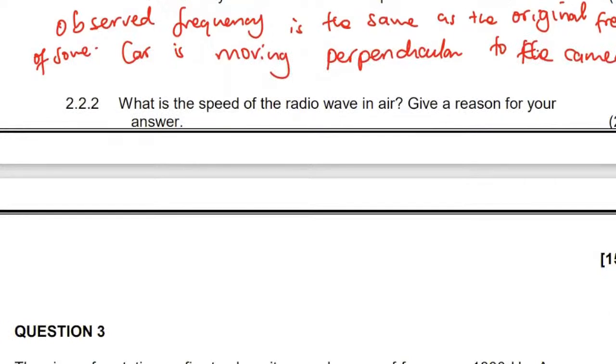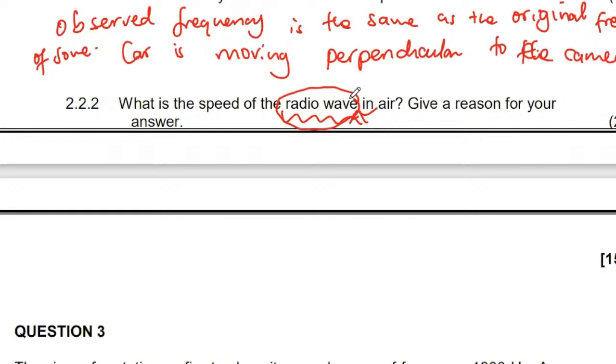And then 2.2.2, what is the speed of the radio wave in air? And give a reason for your answer. Now we know that radio waves are part of what we call the electromagnetic waves. These are basically waves that travel in vacuum and air, and they are more like light waves.